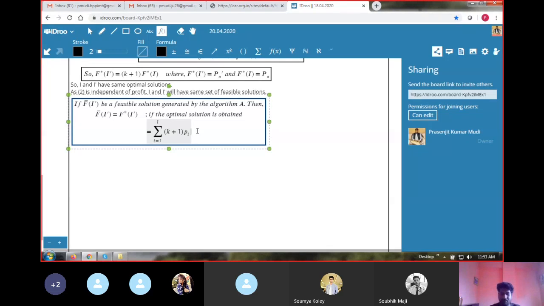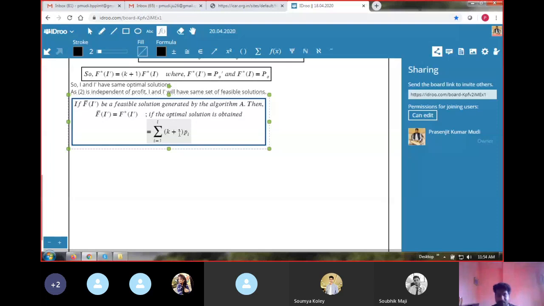So pi into xi, where xi is either equal to 0 or 1. That means one pi will be either selected or not selected. That is the binary selection; no fractional amount of pi will contribute to this summation result. If the optimal solution is obtained, the maximum profit occurs only if all the profits pi are present in the summation term.